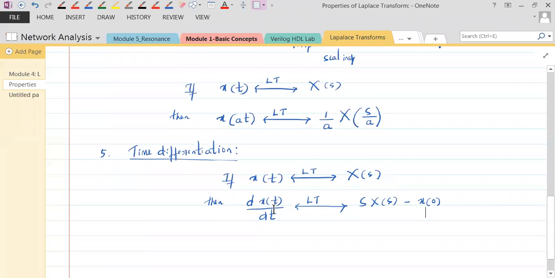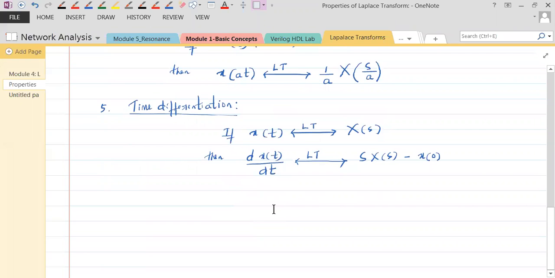What if you have nth order differential? See here, this is a note. I've given you the first order differential, and for nth order differential, how does it look is what I'm giving you.